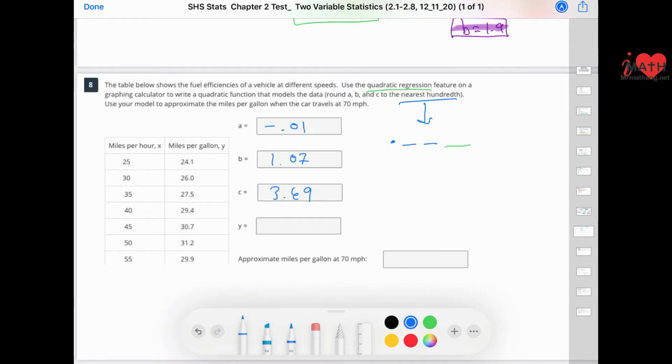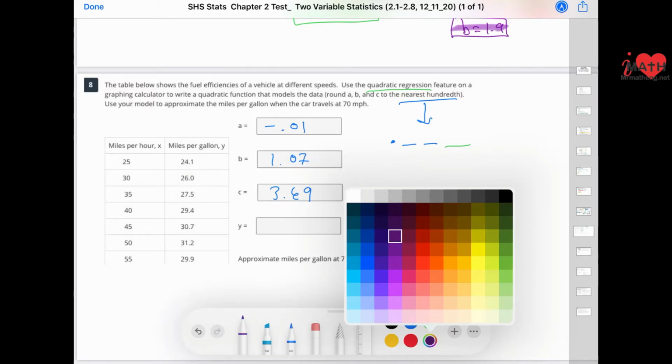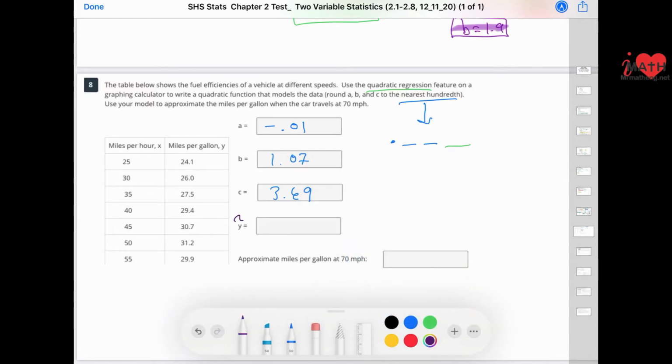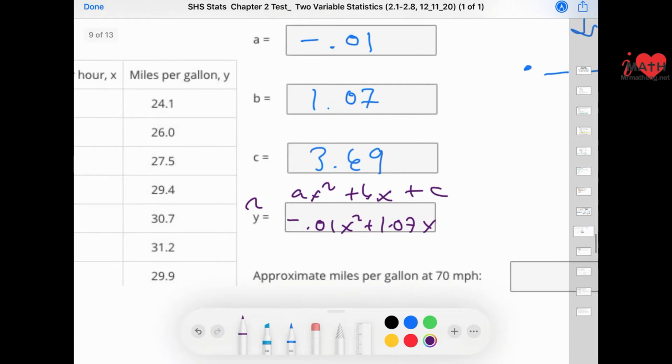Okay, y here is just basically y hat. So ax squared plus bx plus c. So I'm just going to put all those numbers in: negative 0.01x squared plus 1.07x plus 3.69.